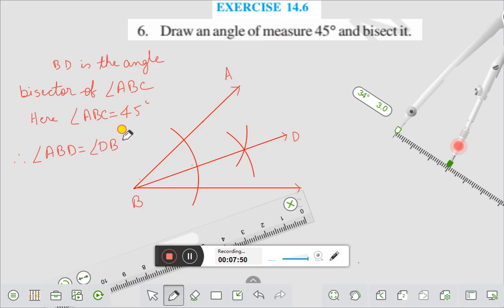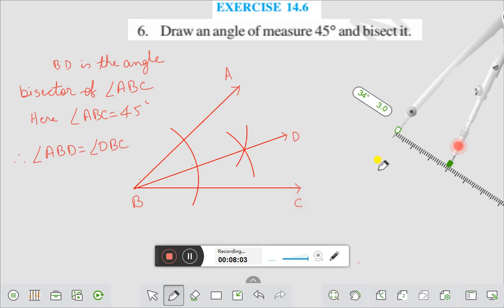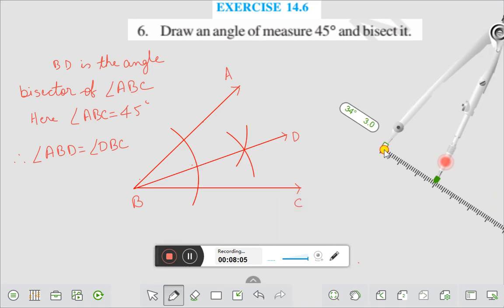In this way you can find the measure of this angle.